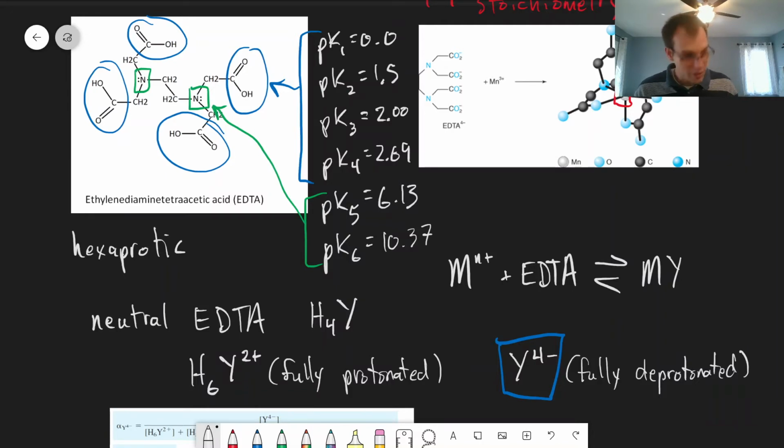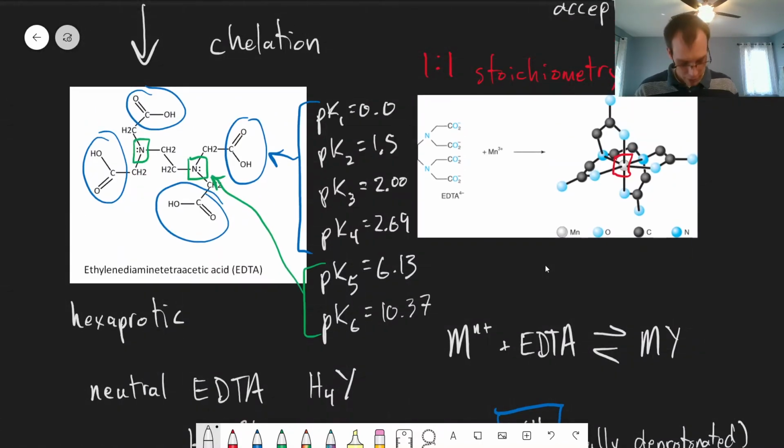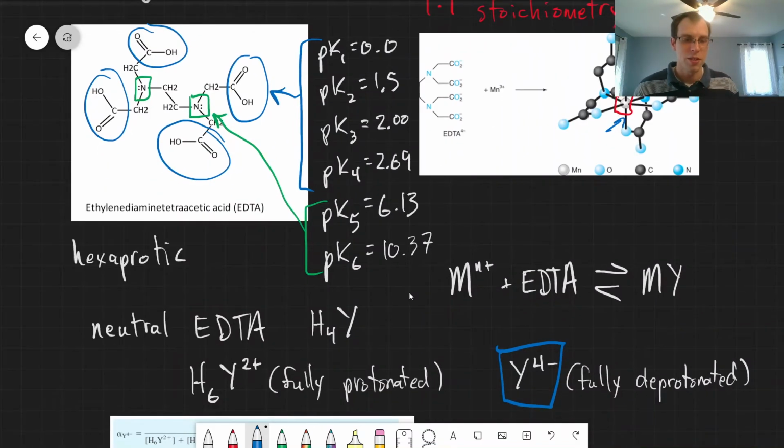You can see in this structure up here behind my face, there's no protons left in here anymore, right? So in these bonds, no H+. So all the protons have to get lost in the process of this complex forming. And so we care about the formation of this Y4- form of EDTA.